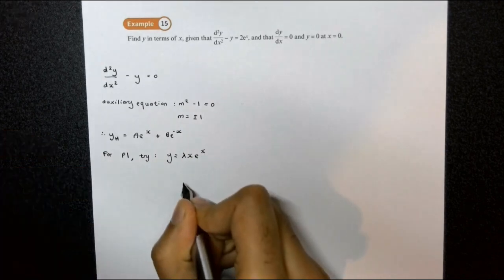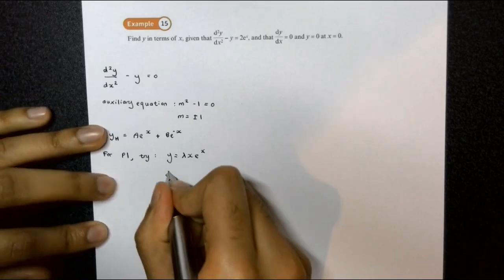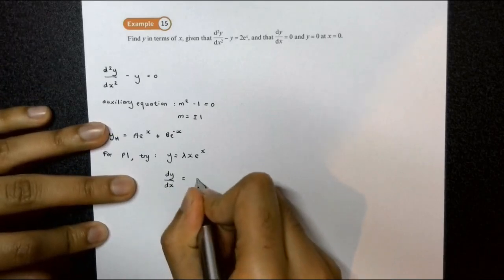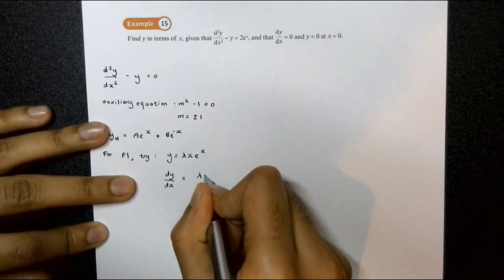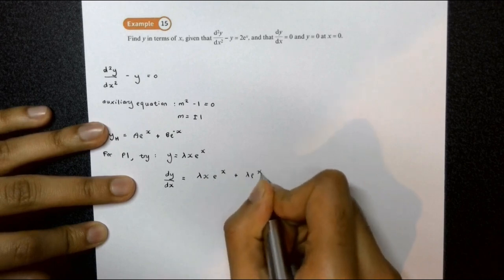And if we work out what dy over dx is, you'd find this to equal, through the product rule, lambda x e to the x plus lambda e to the x.